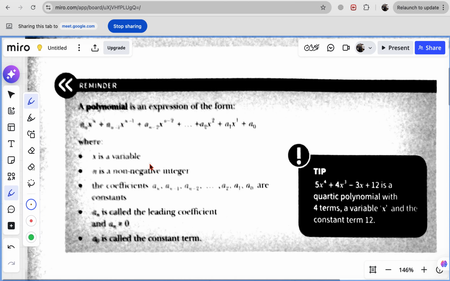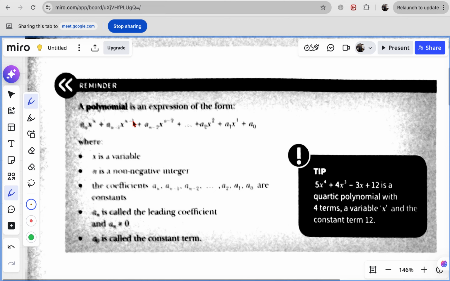A polynomial is an expression of the form a subscript n, x raised to power n, plus a subscript n minus 1, x raised to power n minus 1, plus a subscript n minus 2, x raised to power n minus 2, plus dot dot dot, meaning continue: a subscript n minus 3, x raised to power n minus 3, and continue in that manner to a2, x squared, a1, x to the power 1, and plus a naught. So this is the form of a polynomial.